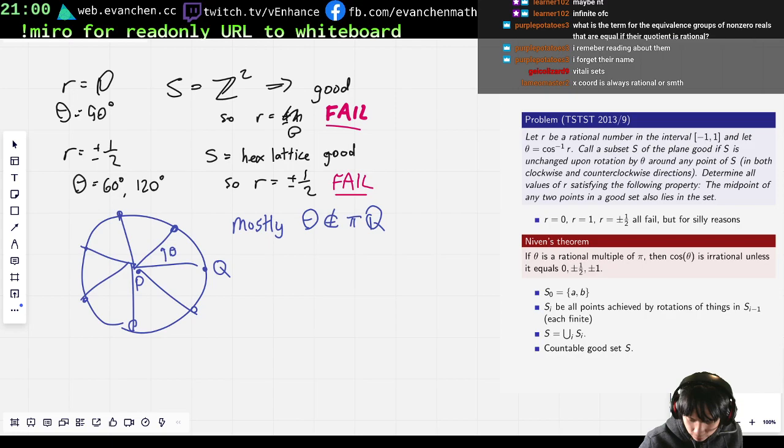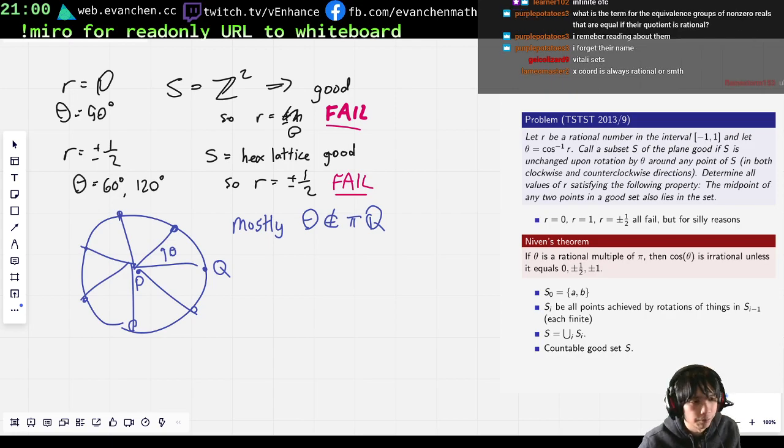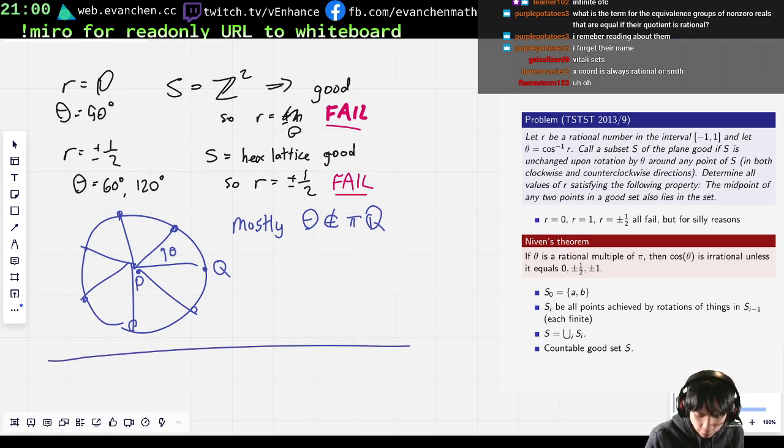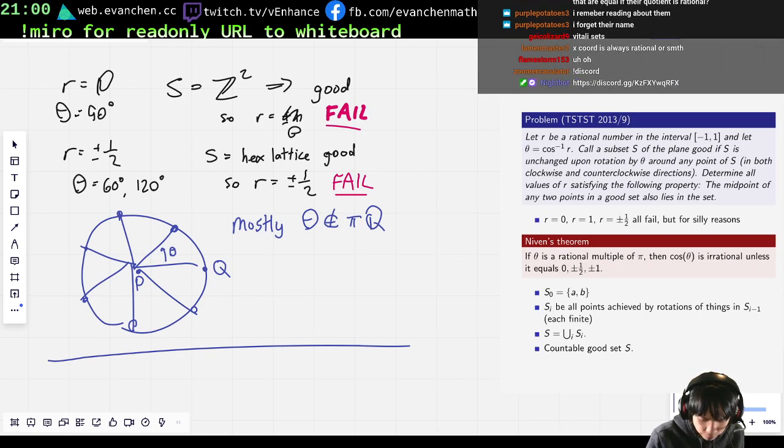Okay. Here's the thought. Yeah, I had the same thought just now. I feel like I can give an explicit description where if... crap, no, but the cosines won't be rational, right? Or the sine.